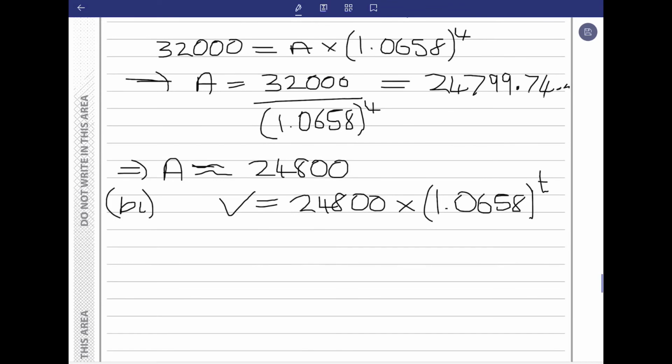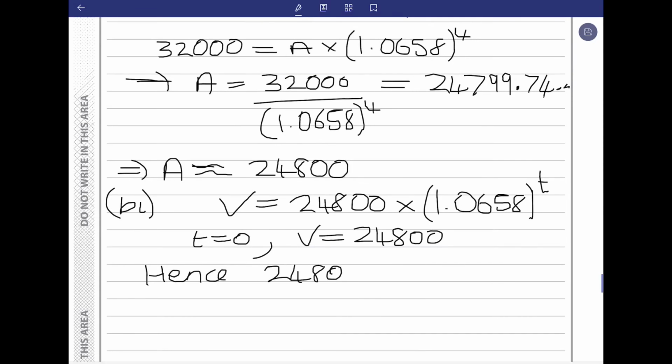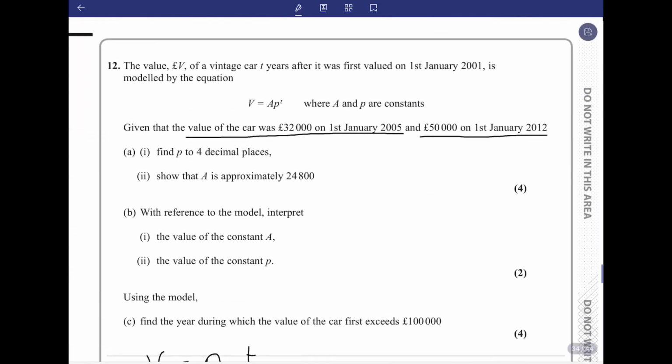And it's asked us, what does this 24,800 mean? So notice at time t equals 0, we get V is 24,800. Hence, 24,800, which equals A, is the initial value of the car. So that's part BI.